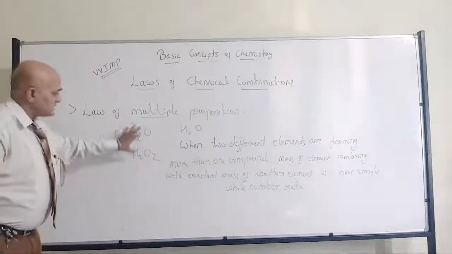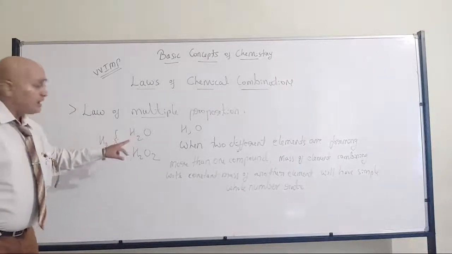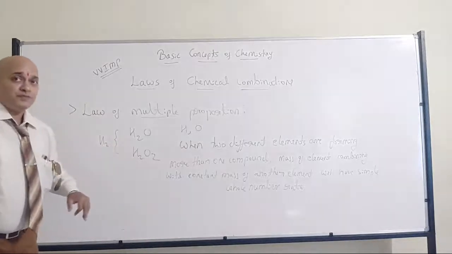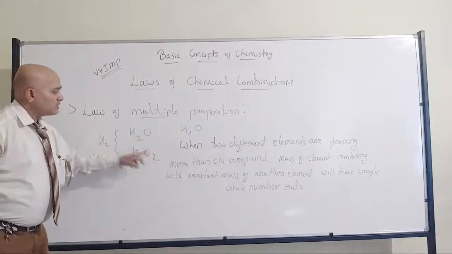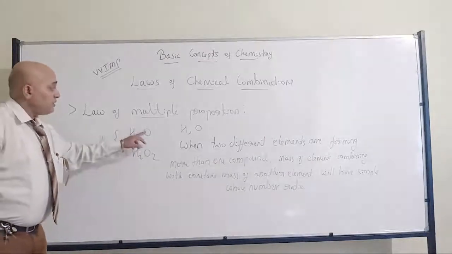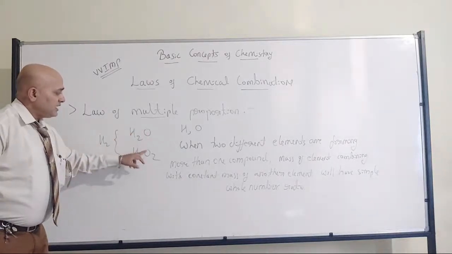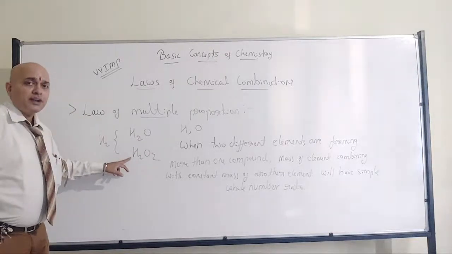See here, an example. Which is the element having constant mass? That is H2, as you told. Which is the element that is variable? That is oxygen. This oxygen is combining with two hydrogen. Here, these two oxygen are combining with two hydrogen.